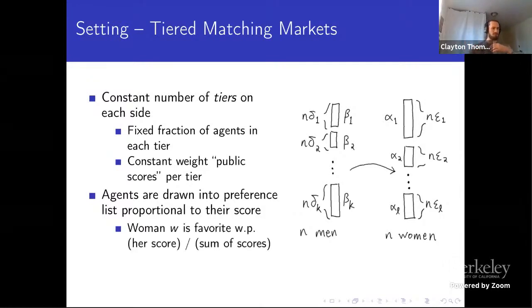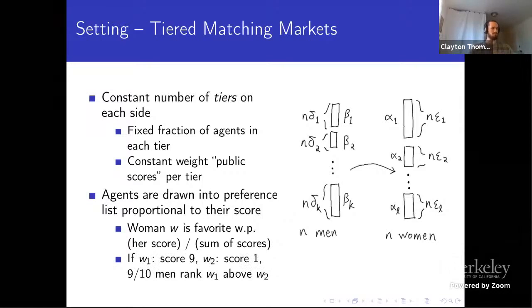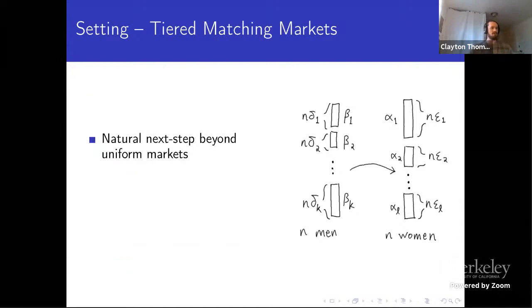So for one example, a woman W is the favorite of each man with probability her score divided by the sum of all of the scores of the women. And for one more example, if W1 and W2 have scores 9 and 1, then 90% of men will rank W1 above W2. We think this is a really natural next step beyond uniform markets.